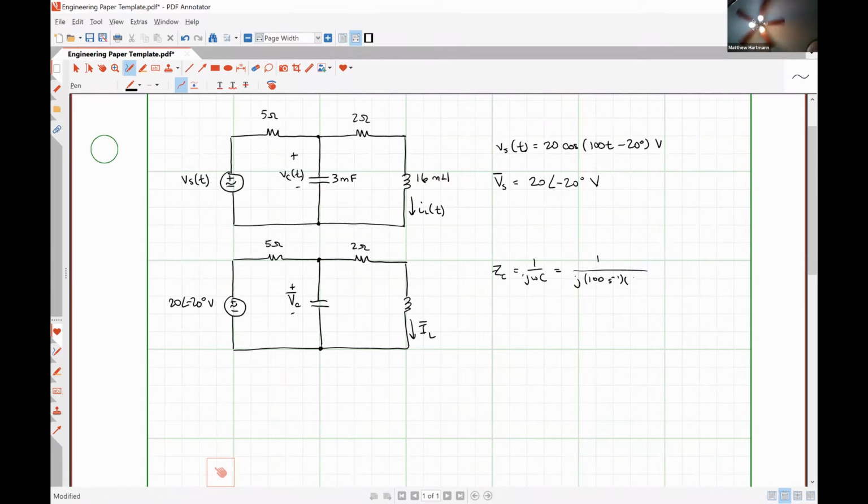Times C, which is 3 millifarads. That's going to give me negative 10 over 3 j ohms.